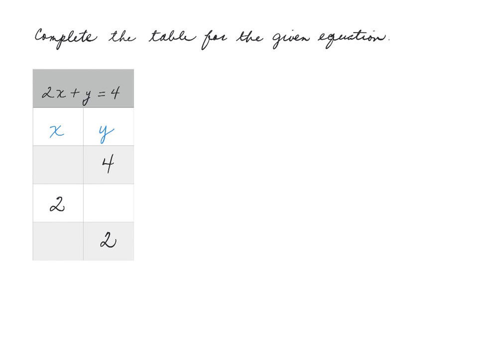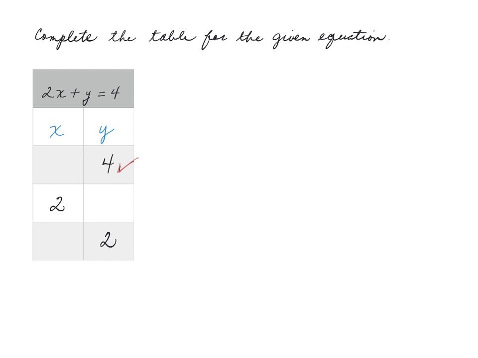Here we want to complete this table for the given equation. We have 2x plus y equals 4. Well, we're going to be given one coordinate value and asked to solve it for the other one. So for this one, let's plug in 4 for y.